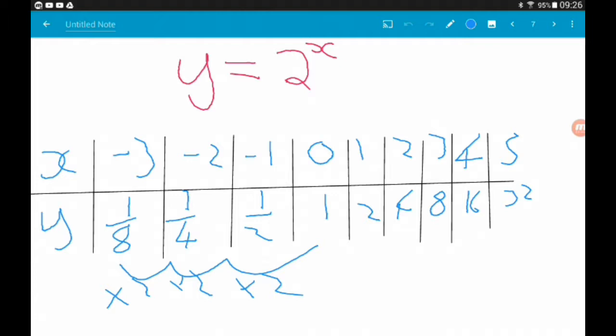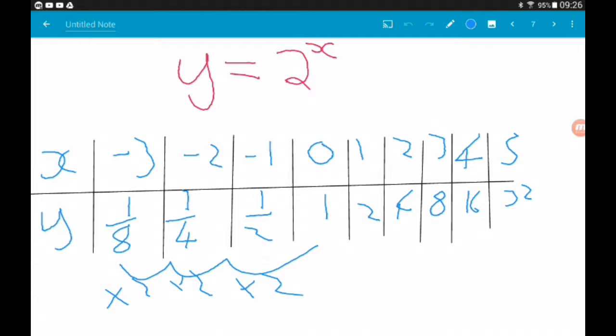You can only fold a piece of paper, I don't know, is it 8 times, maybe 10 times, something like that. But if you could fold a normal piece of paper in half 42 times, it would reach to the moon. It would be that thick. And that is because of exponential growth. So we can't do it, but if we could, it would reach to the moon.